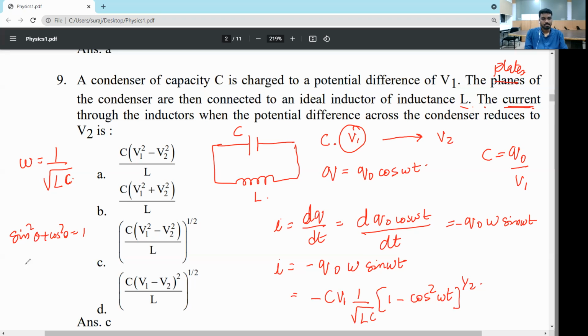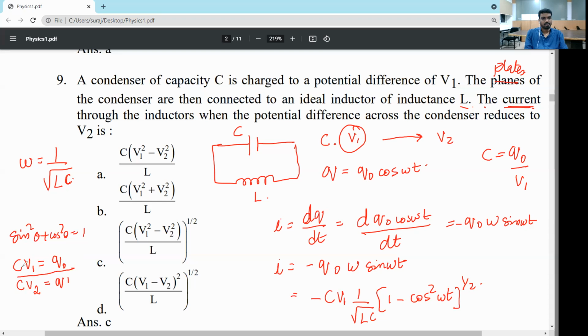Next. C into V1 is Q naught, and C into V2 is Q dash, you can say.